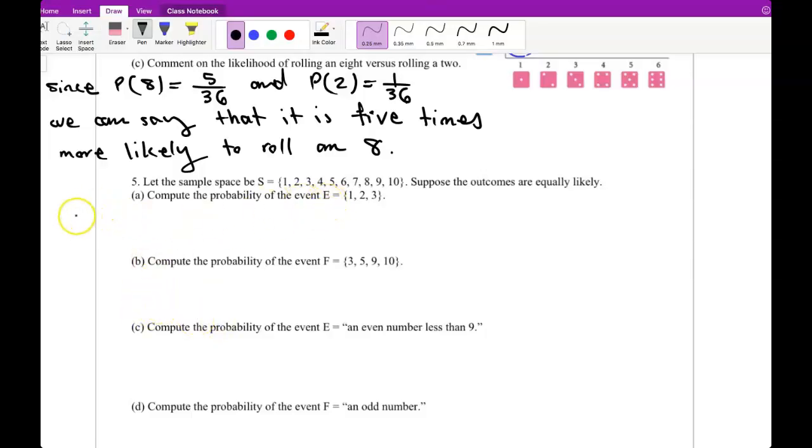So this actually means find the probability of selecting 1 or 2 or 3.